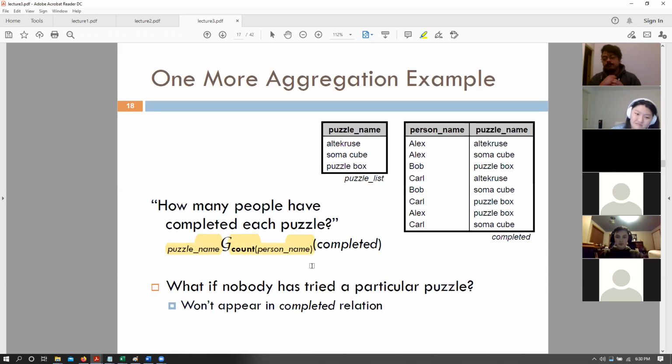What would happen if nobody has actually done one particular puzzle? Let's say that I remove the Alex Altecruise and Carl Altecruise tuples from my table, so these do not exist. What would be the resultant table if I perform this operation? Would there be an entry for Altecruise?